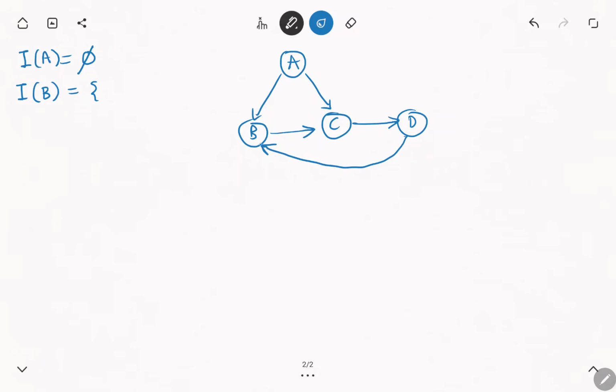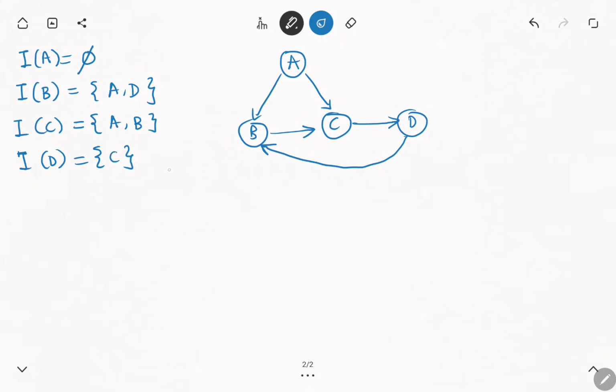There are incoming nodes towards B from A and D. So A comma D. For node C, the nodes from which we have the incoming arrows or incoming connections are A and B. For node D, we have incoming from C. That's the only incoming edge towards D, right? So these are all the in neighbor sets.